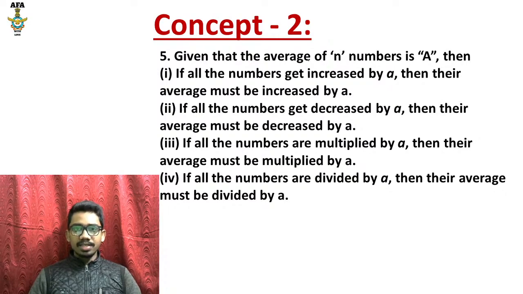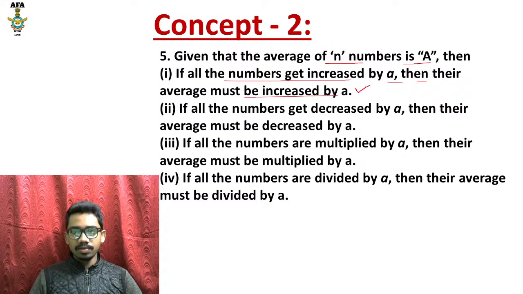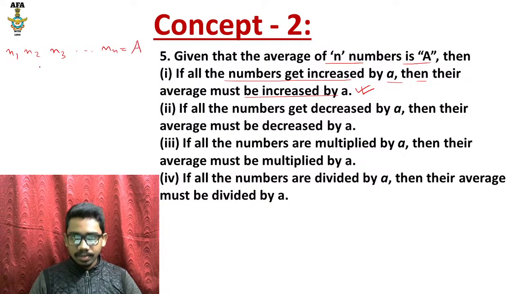See, given that the average of n numbers is a, if all the numbers get increased by a, then their average must increase by a. Suppose there are n numbers: n1, n2, n3, dot dot dot, nn.